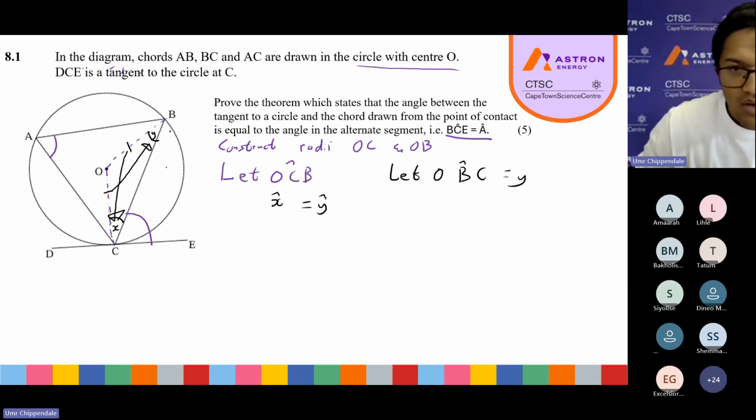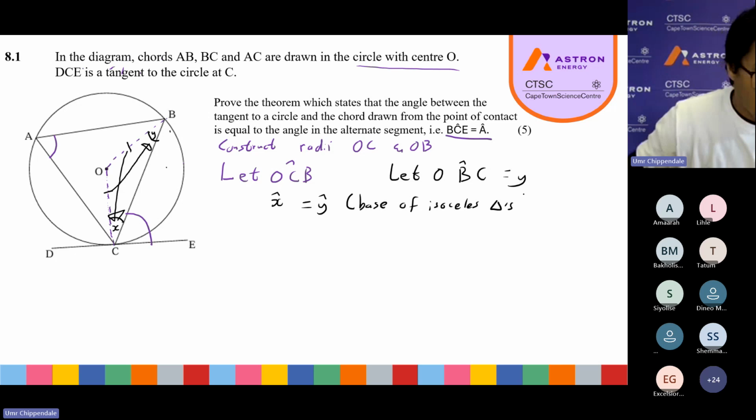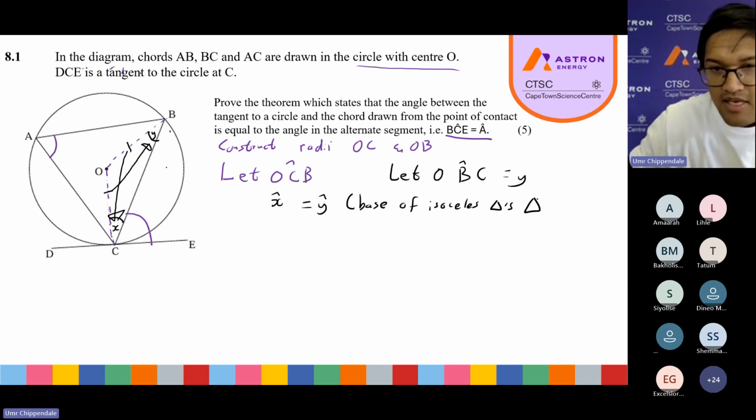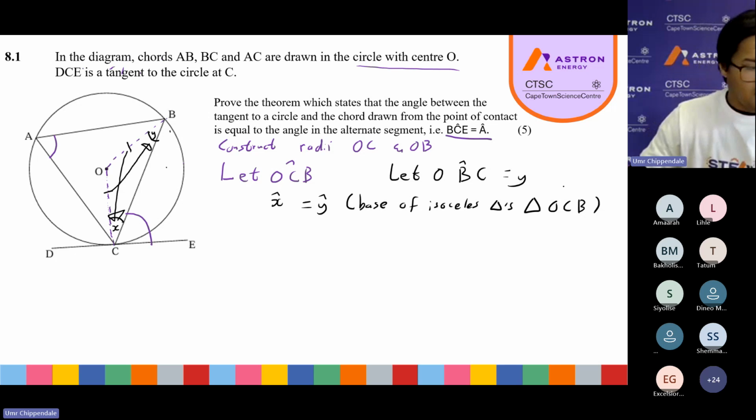And how are you going to explain that? You normally just say it's the base angles of your isosceles triangle. And normally I like specifying which triangle I'm speaking about. So triangle OCB. That's the one I'm speaking about.